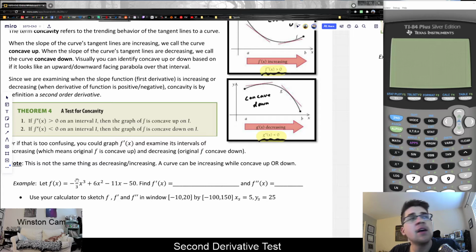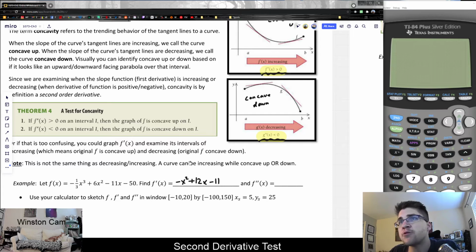The first derivative, well, it's a polynomial, so we can go term by term. Drop the 3 would give us negative x squared, because 1/3 times 3 would go away, and drop the power. Then we drop the 2, subtract 1, that would be plus 12x. And then derivative of x is 1, so negative 11 times 1 is negative 11, and derivative of a constant is 0.